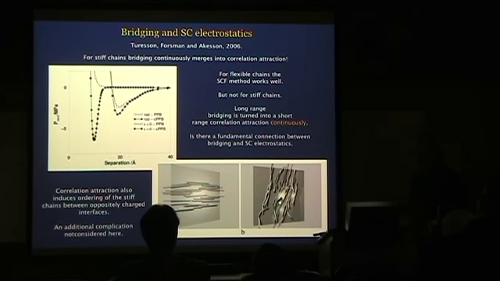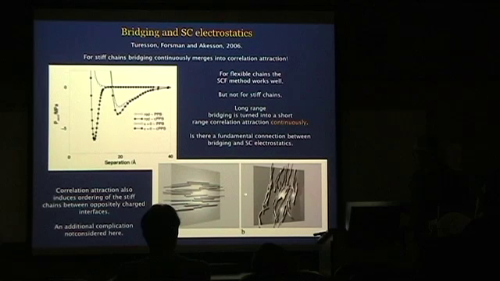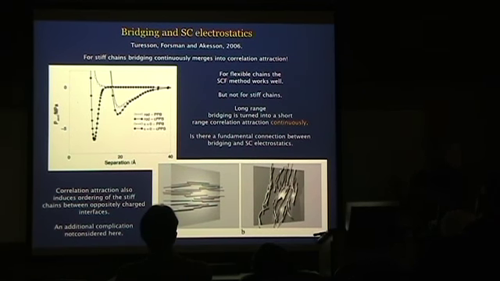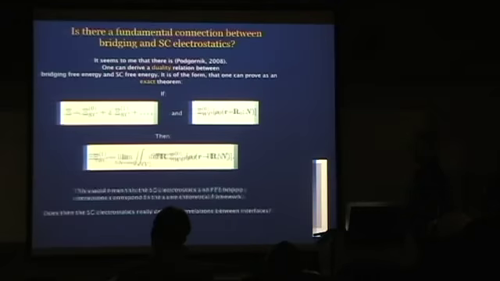So this would be a very flexible polyelectrolyte, and then you go to a very stiff polyelectrolyte, like rods. And it turns out that as you look into the interaction pressure, you go continuously from the bridging attraction to the strong coupling attraction, just by varying the stiffness of the polyelectrolyte chain. So maybe there's a connection between the two.